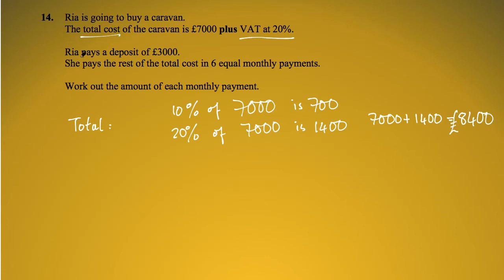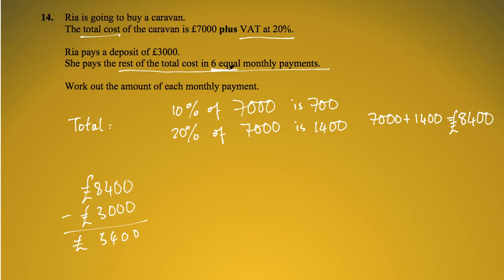£8,400. She pays a deposit of £3,000. So now we're working out her cost. So we've got her 8,400, take away the 3,000. 3 from 8 is 5. She's got 5,400 left to pay. And she pays the rest of the total in 6 equal monthly payments.